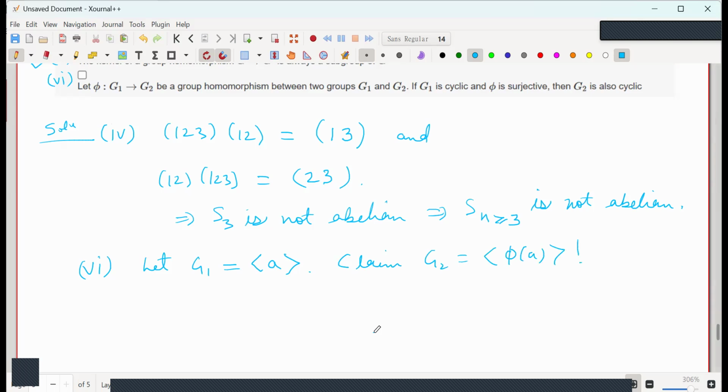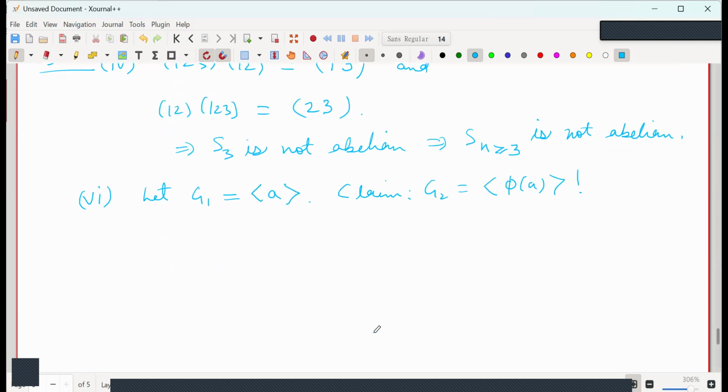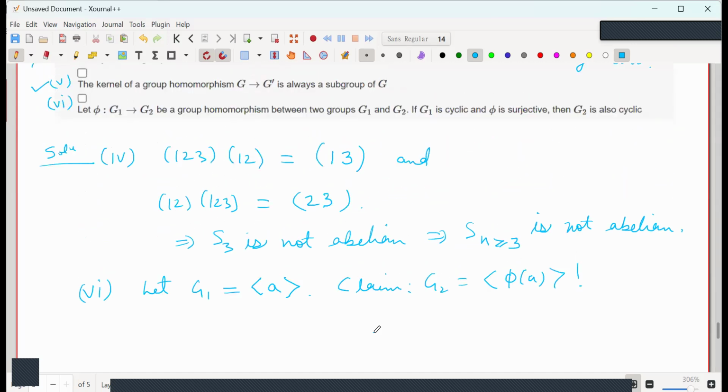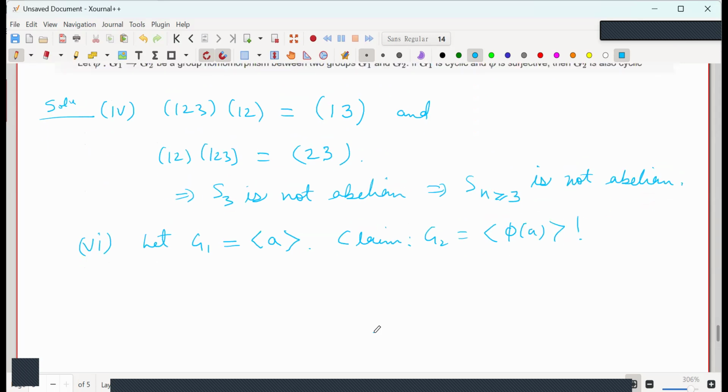Now can you prove this claim? You just need a minute. It is easy. Just take copy pen, and even without copy pen, if you just think for a moment, you can tell. So phi of A plus E equals phi of A plus phi of E, which is equal to phi of A. From where are A and E coming?